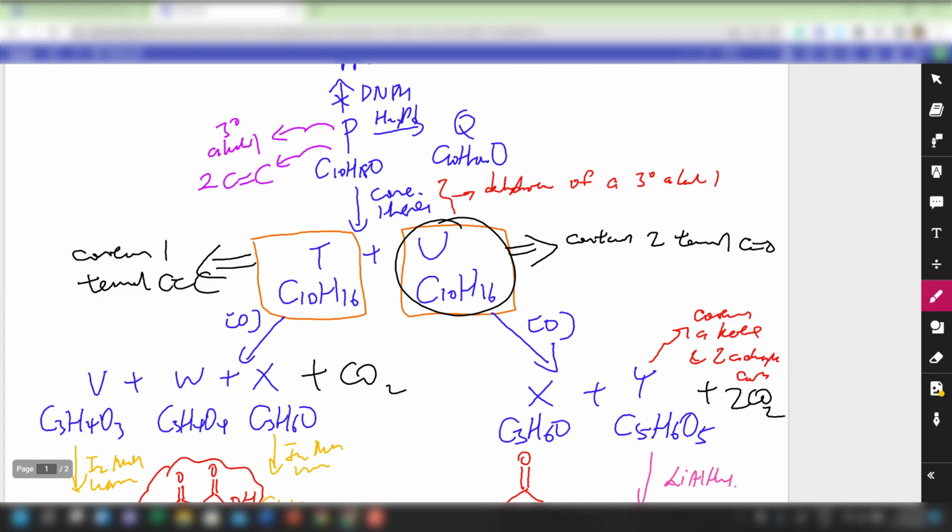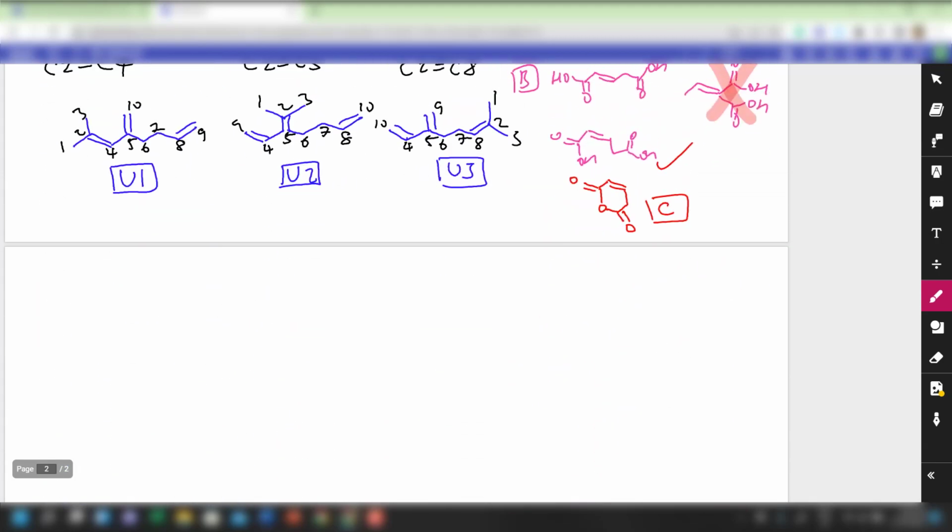Okay, that is very important. They must have the same skeletal structure. They only differ in the position of the CC double bond. And at the same time, you must be able to postulate a structure where you can have a tertiary alcohol in P.